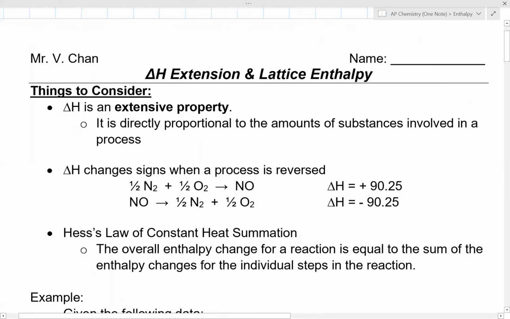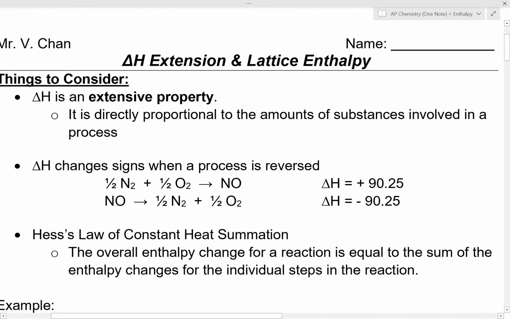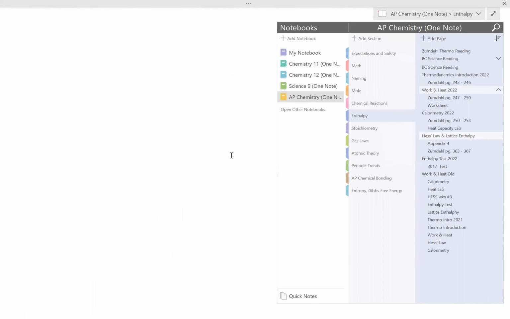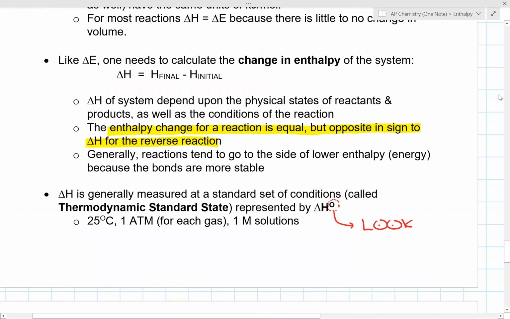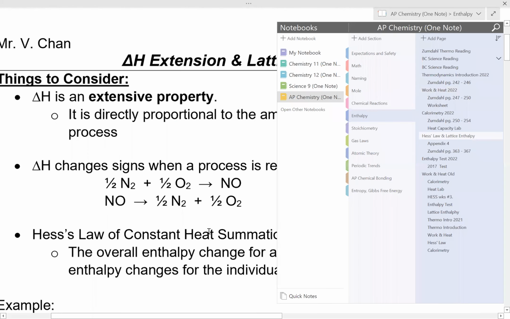If we were to reverse the equation, notice the sign is flipped to negative, so it would be an exothermic reaction. This goes back to our basic material, where the enthalpy change for a reaction is equal but opposite in sign to delta H for the reverse reaction. So this is just to reinforce that concept.